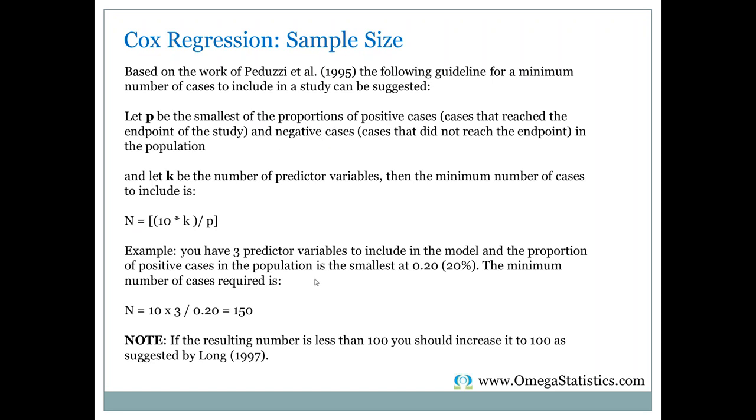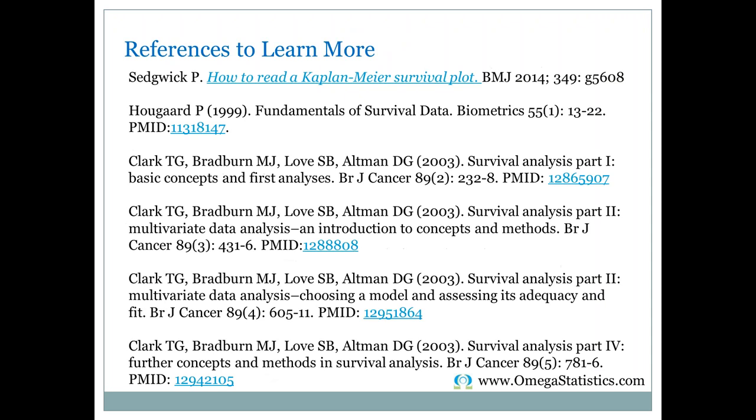If you have 3 predictors to include in your model and the proportion of positive cases in the population is the smallest at 20%, then here's what you would need. 10 times 3, you multiply those, then divide by 0.20, you have 150. So you need 150 people. And if the resulting number is less than 100, increase it to 100. That's suggested by Long. And I put those references in our reference list.